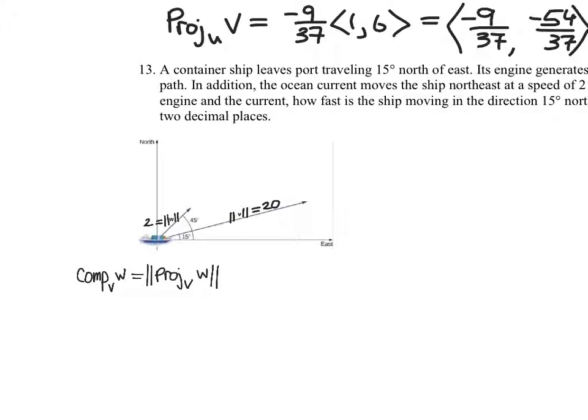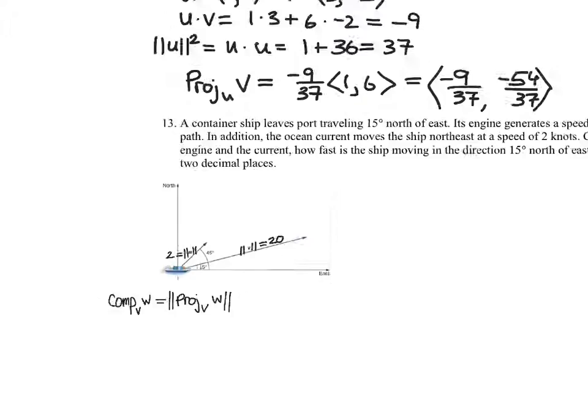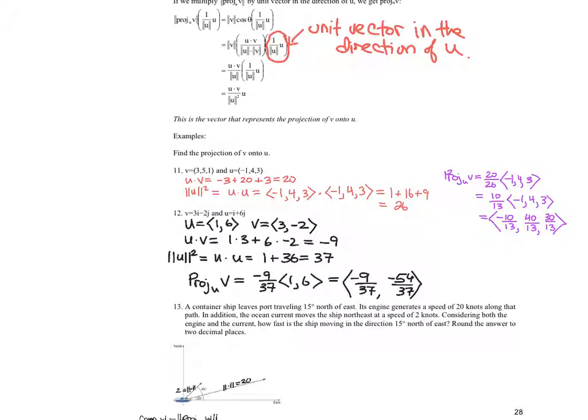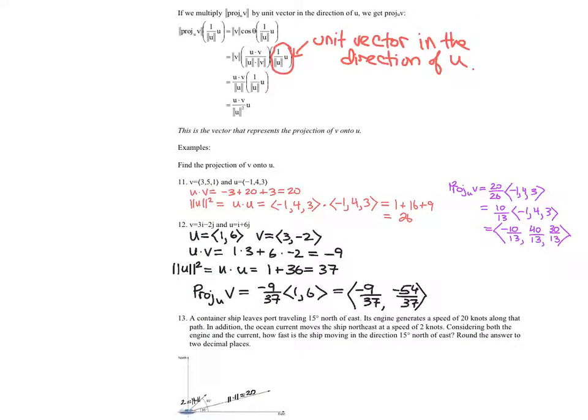All right, so what I want to do is grab my process from above, then use my new variables to make it fit this situation. So I have u dot v over u squared times u, but that's the whole shebang. What I want is the component form of it, because I don't need the unit vector part.